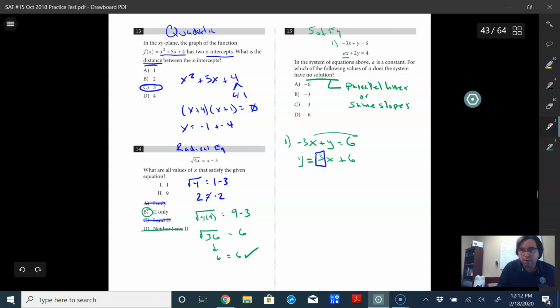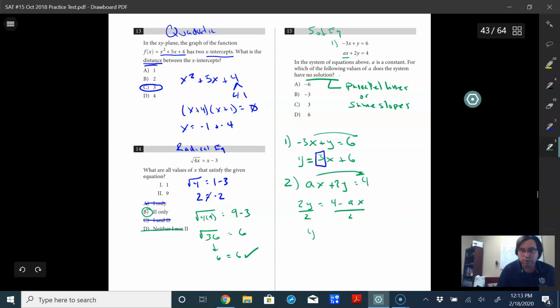Okay. And if we take the second equation now, same thing, we now have ax plus 2y equals 4. Let's move this piece over here. So now we have 2y equals 4 minus ax, and we want to divide by 2.